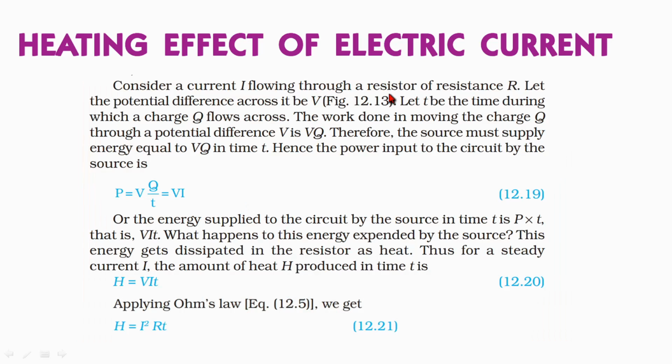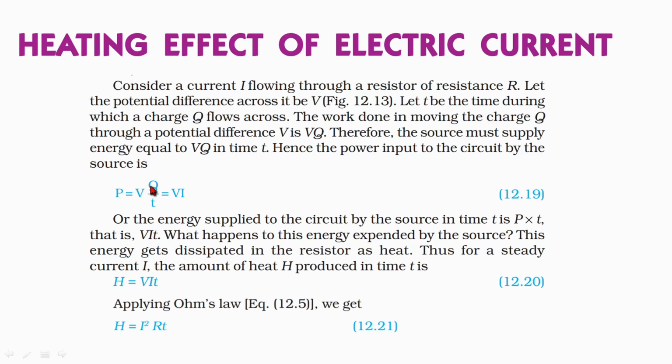Now consider the current I flowing through a resistor of resistance R. Let the potential difference across it be V. Let T be the time during which a charge Q flows across. The work done in moving charge Q through the potential difference V is VQ.